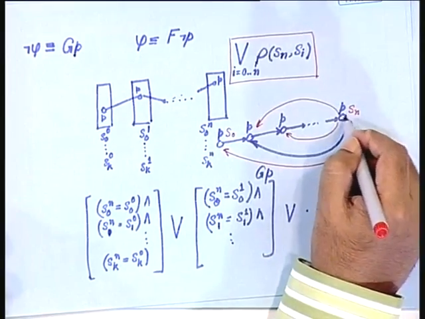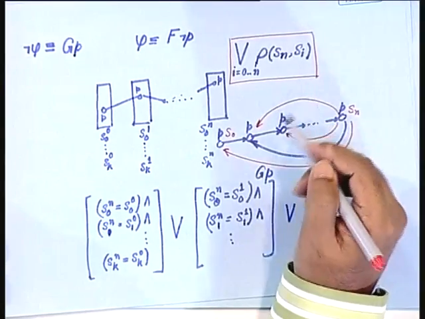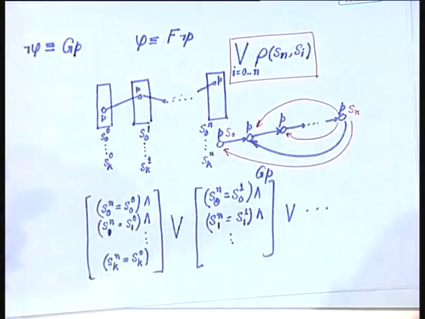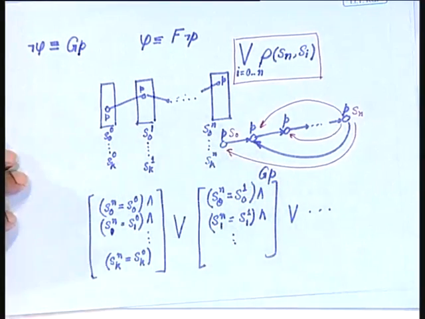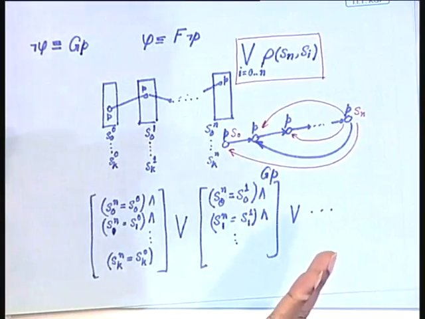So, is there a transition from Sn to any of the previous states, and can we get a satisfying assignment to that? What exactly are we trying to solve for? We are trying to solve for a valuation of S0 through Sn such that for each of those valuations, P holds for each Si, and Sn has a transition to one of these.